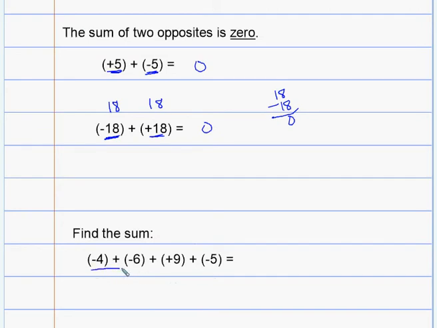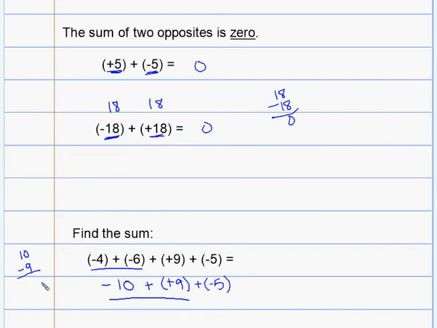If we go left to right, we have 2 numbers that are the same sign, so we just add the absolute values and keep the sign. So this would be negative 10 plus that positive 9 plus the negative 5. If we continue in this manner, negative 10 plus a positive 9. Well, they're opposite signs, so I need to find the absolute value of both. The absolute value of negative 10 is 10, and the absolute value of positive 9 is 9.